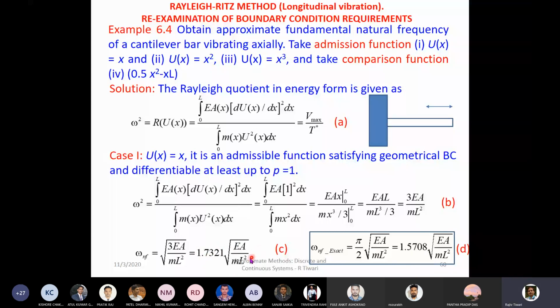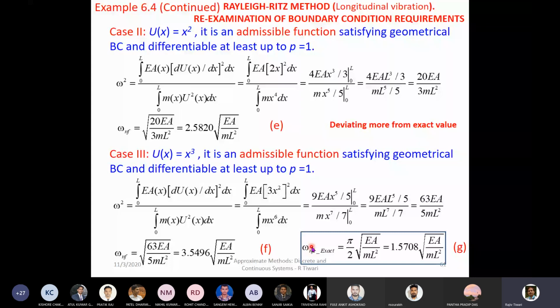Now I will take x square. This will satisfy the geometrical boundary condition and is differentiable up to at least one order, so no problem. If we differentiate, we get 2x, and here this will be x to the fourth.